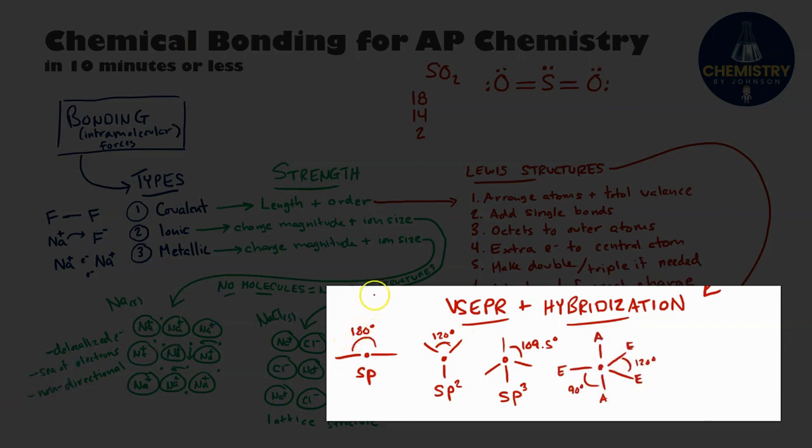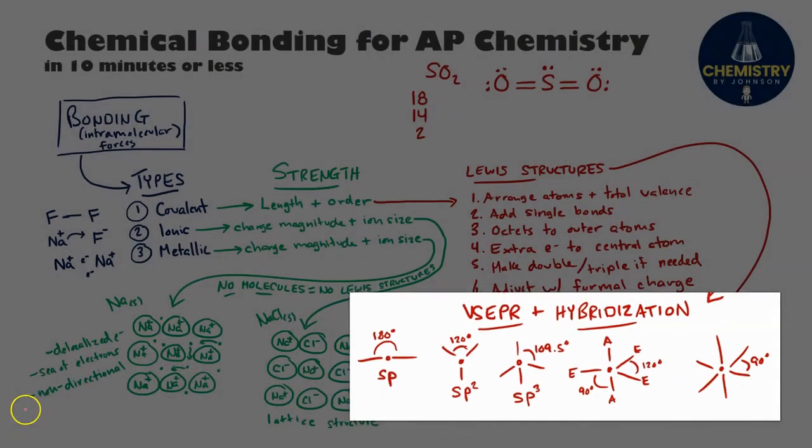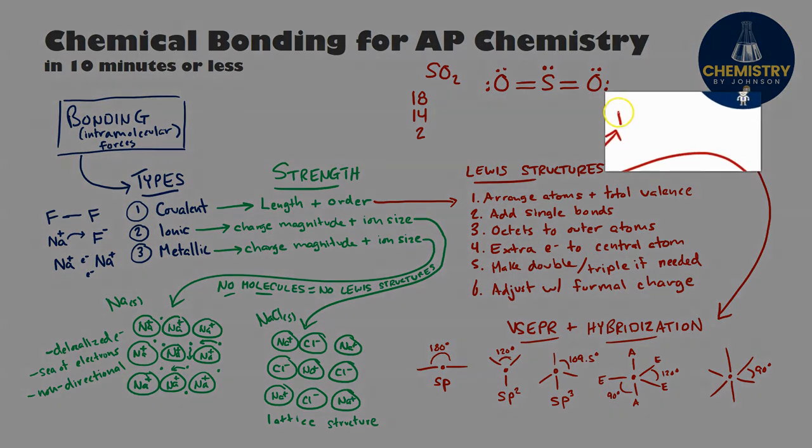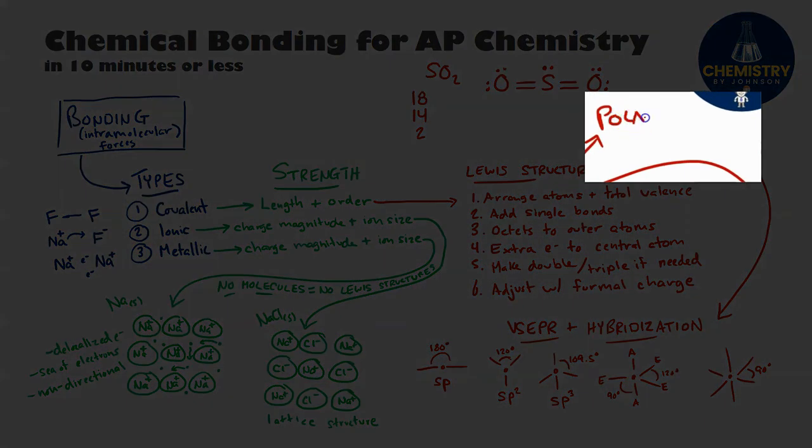If there's 5 domains, you'll get a trigonal bipyramidal shape with 120 degrees between the equatorial positions and 90 degrees between an equatorial and an axial. And lastly, with 6 domains, you'll have an octahedral shape with 90-degree bond angles between all 6 domain positions. From that Lewis structure, you can also determine the polarity of your molecule.